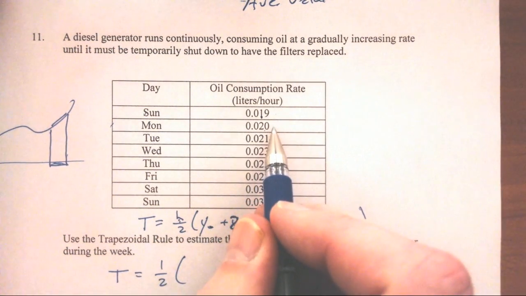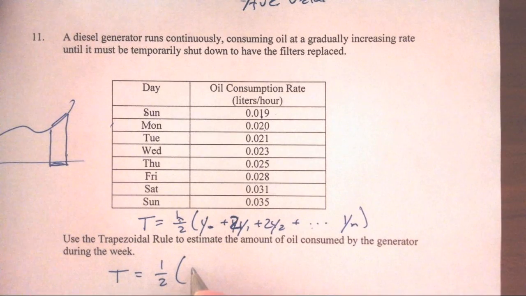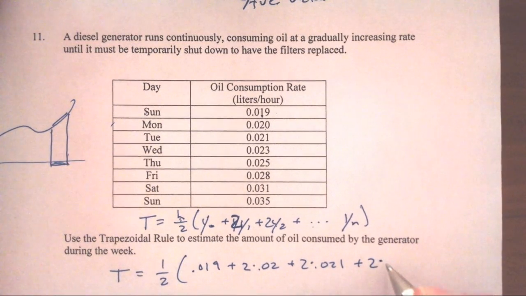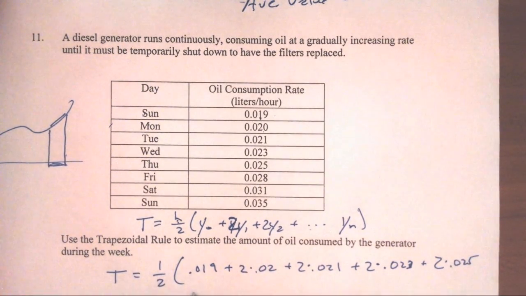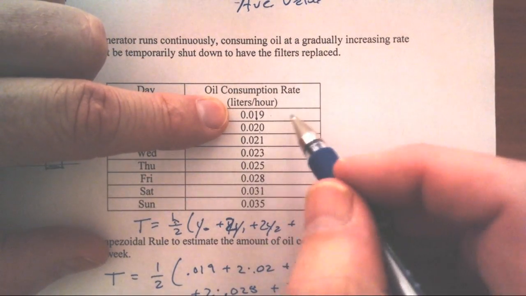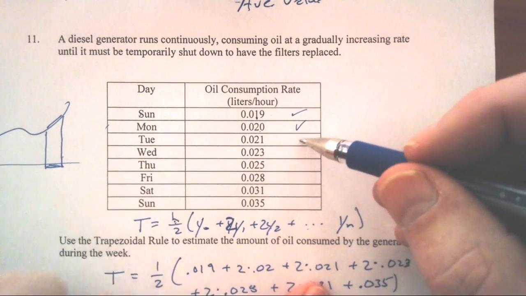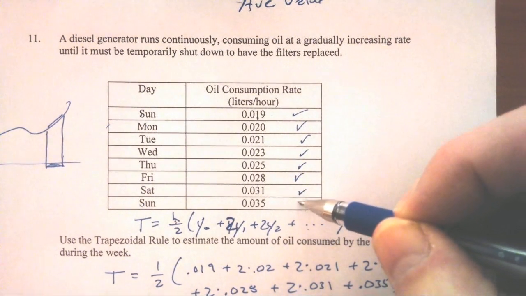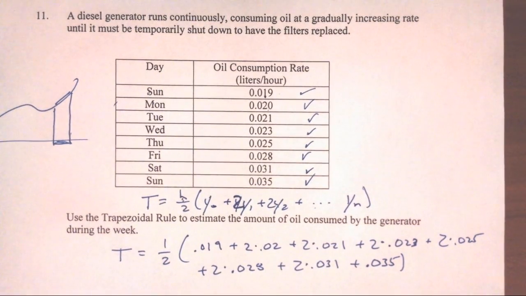So this would be our y0, y1, etc. So we just get 0.019 plus 2 times 0.02 plus 2 times 0.021 plus 2 times 0.023 plus 2 times 0.025 plus 2 times 0.028 plus 2 times 0.031, careful, just plus 0.035, and I'm going to go back and double check those. 0.019, 0.020, 0.021, 0.023, 0.025, 0.028, 0.031, 0.035.